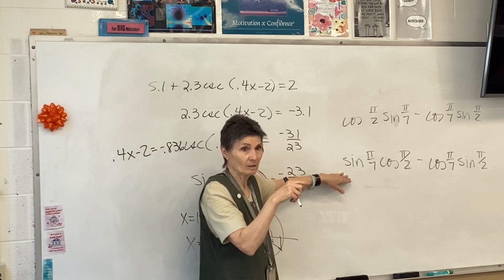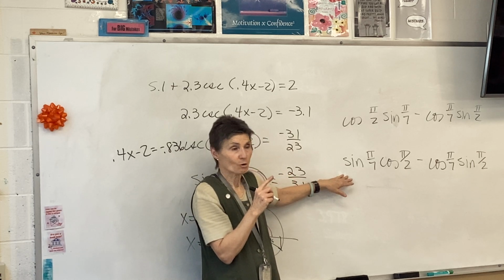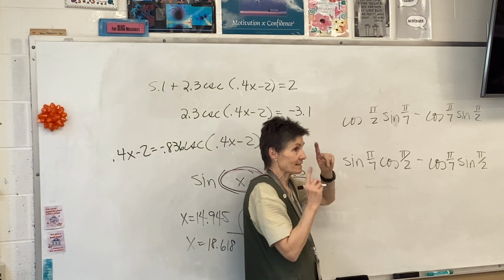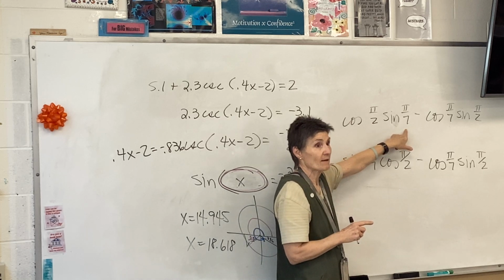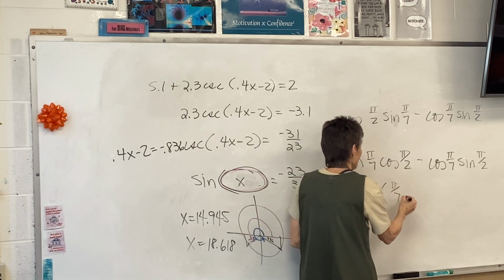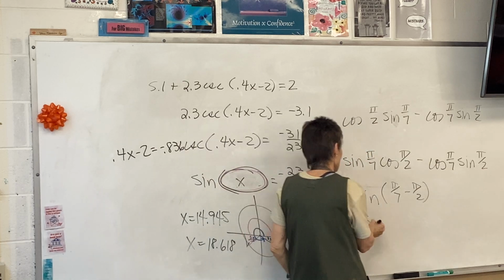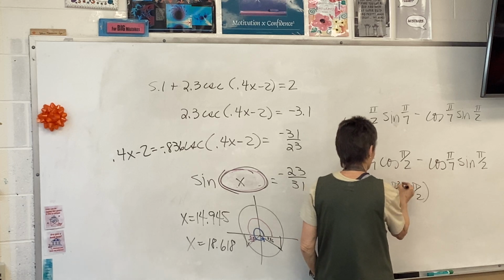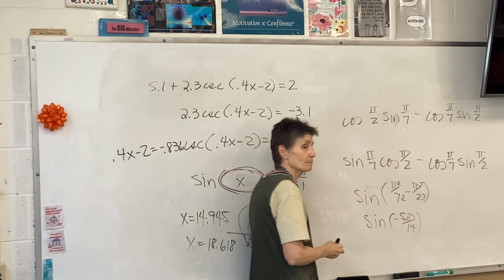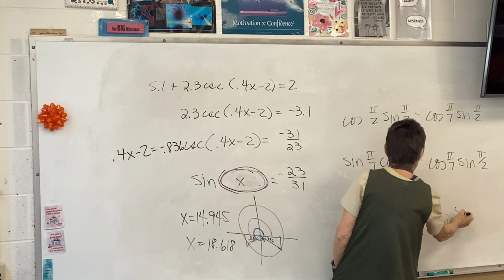Alpha is the angle that you take the sine of first. No matter what the order is, these two are exactly the same, but you have to recognize alpha is pi over 7. So this is the sine of alpha minus beta, which is going to be the sine of negative 5 pi over 14, which is negative sine 5 pi over 14.